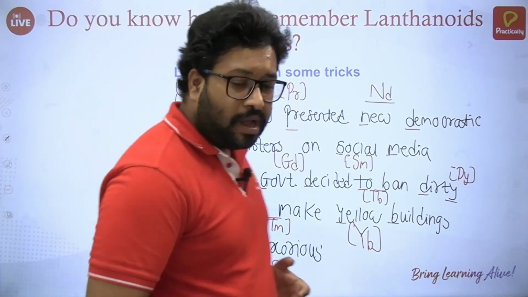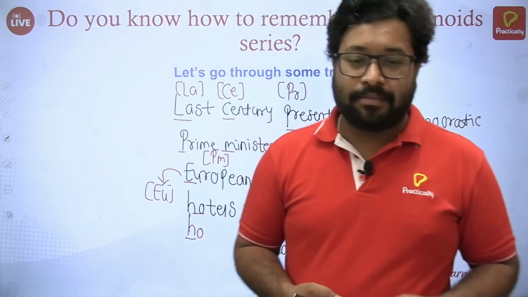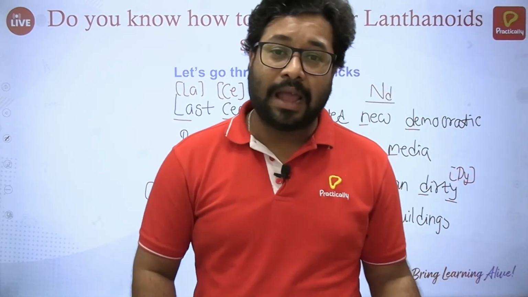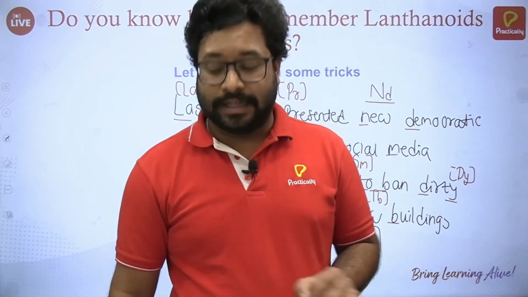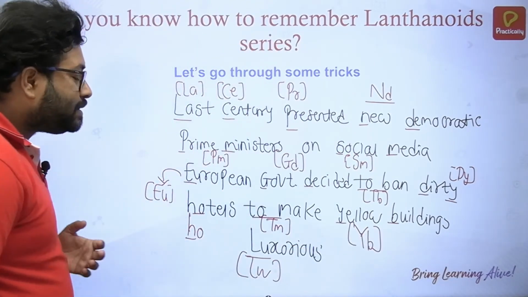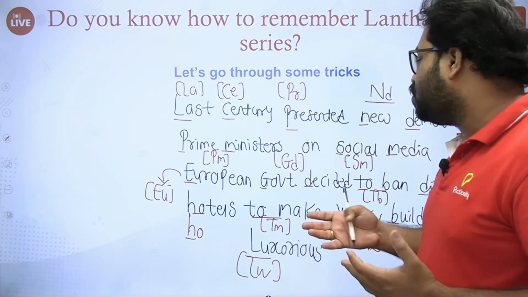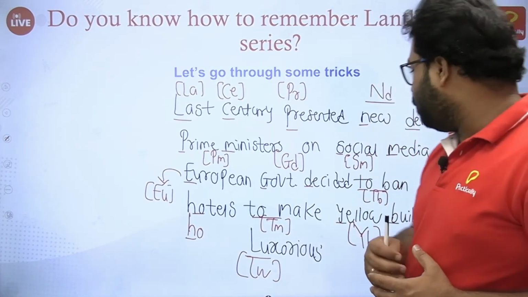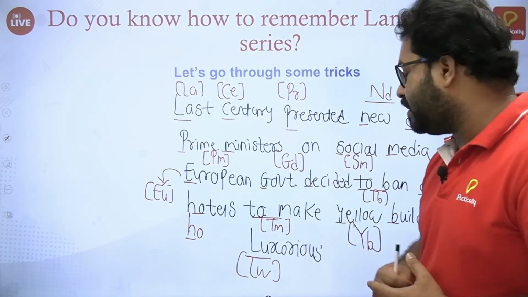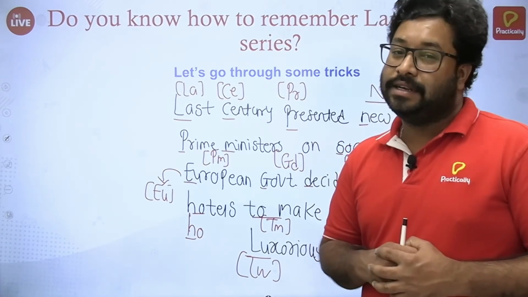That is how, by using this mnemonic, you can remember all the f block elements very easily. How? Last century presented new democratic prime ministers on social media. European government decided to ban dirty hotels to make yellow buildings luxurious.